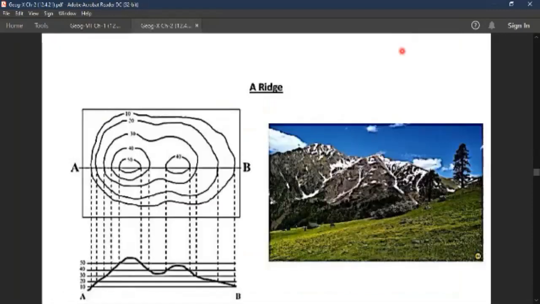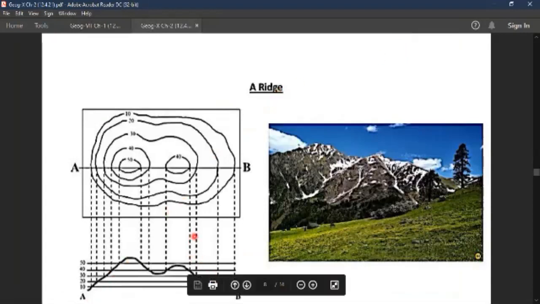The third land feature is a ridge. A ridge is a long stretch of upland with steep slopes. The ridge top consists of alternating peaks and saddle or col.